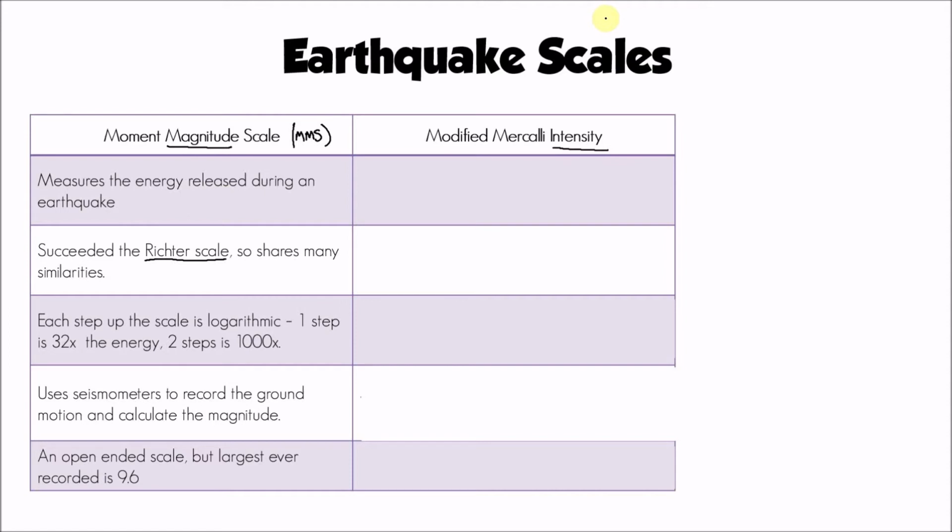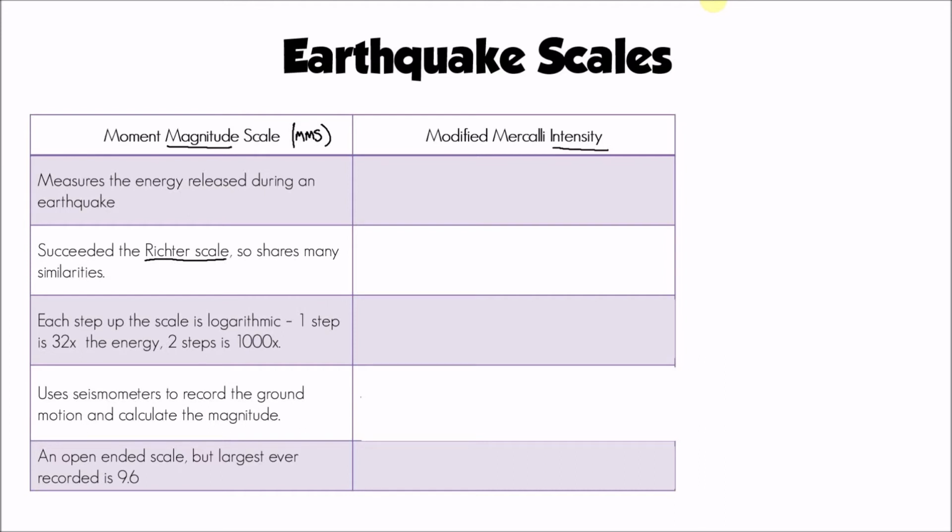It could go as high as we like, 10, 11, 12, 13. There's no limit to that upper scale, but we've never had an earthquake recorded larger than 9.6 on the moment magnitude scale. And again, that's because to get above a 9 point something, we have to have significant amounts of energy being released.